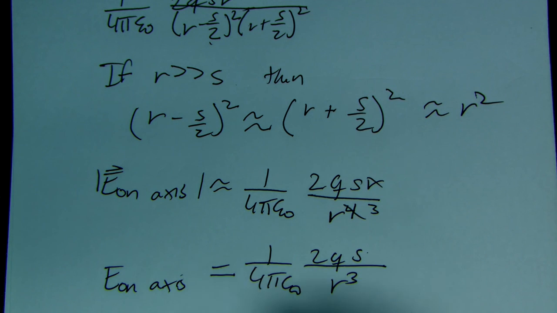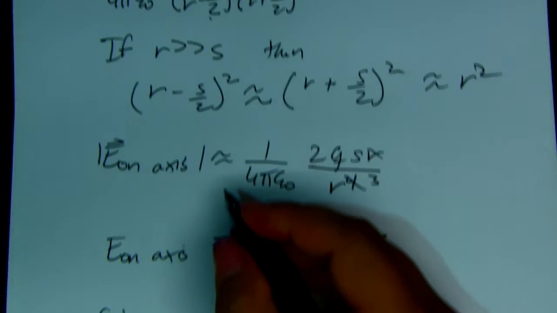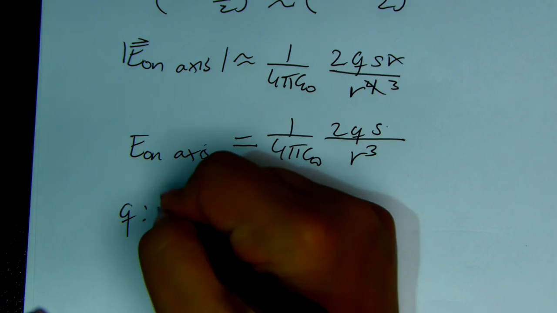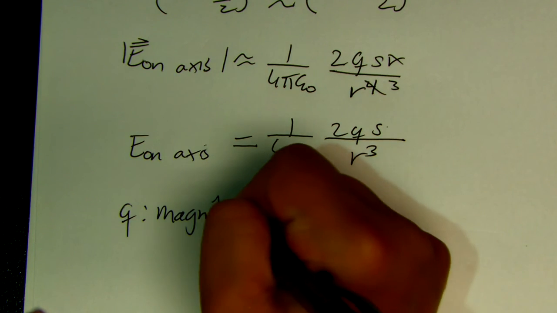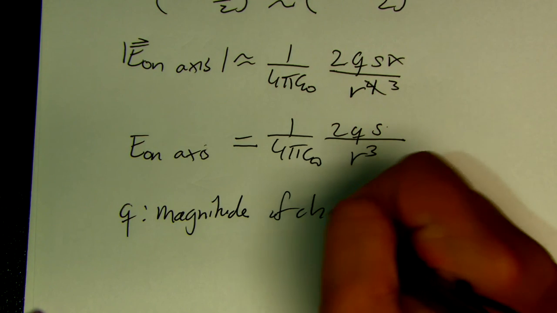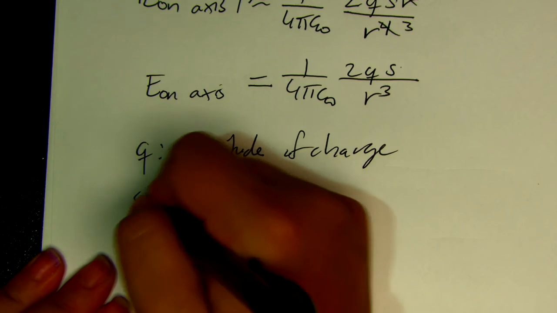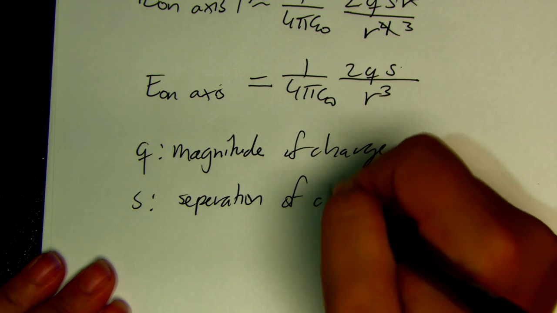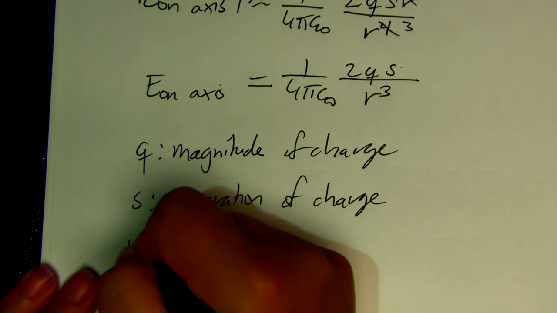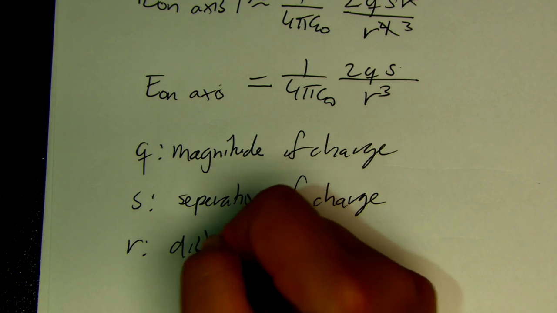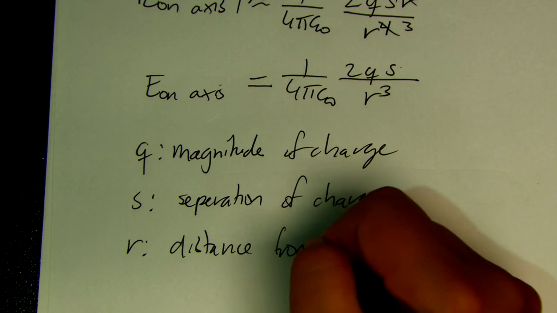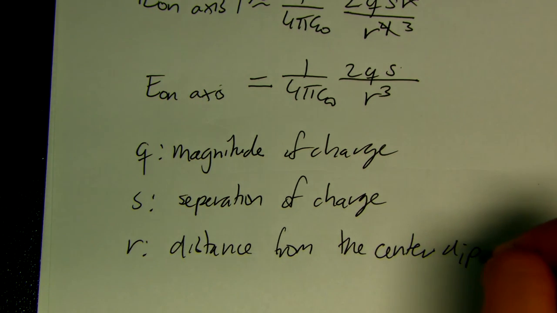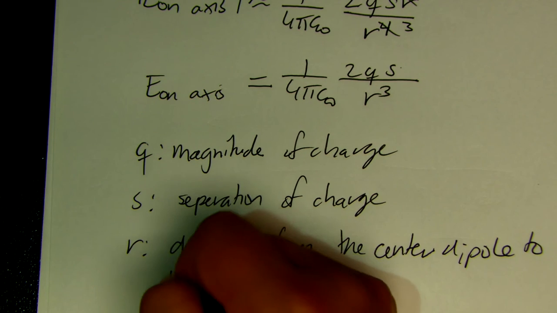And once again, q is the magnitude of charge, s is the separation of charge, and r would be the distance from the center to the observation location.